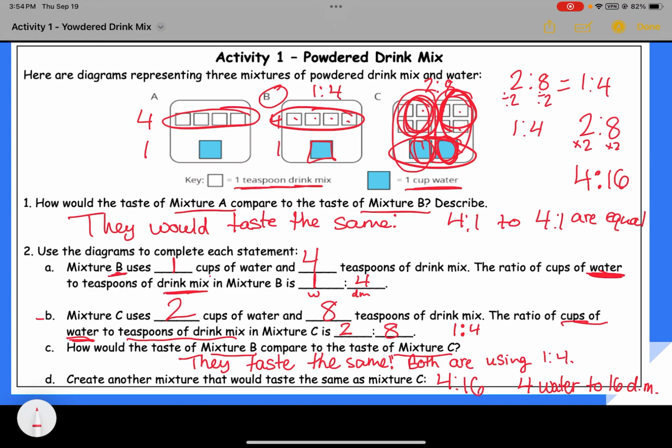But there are way more, so come up with at least a couple. You could say, I doubled that, 8 to 32. Or I could just say, I know it's equivalent to 1 to 4, so I could multiply this by 3 and this by 3, so 3 to 12. There are a lot of equivalent ones, as long as it matches 1 cup of water to 4 teaspoons of drink mix. Either doubled, tripled, quadrupled, whatever.